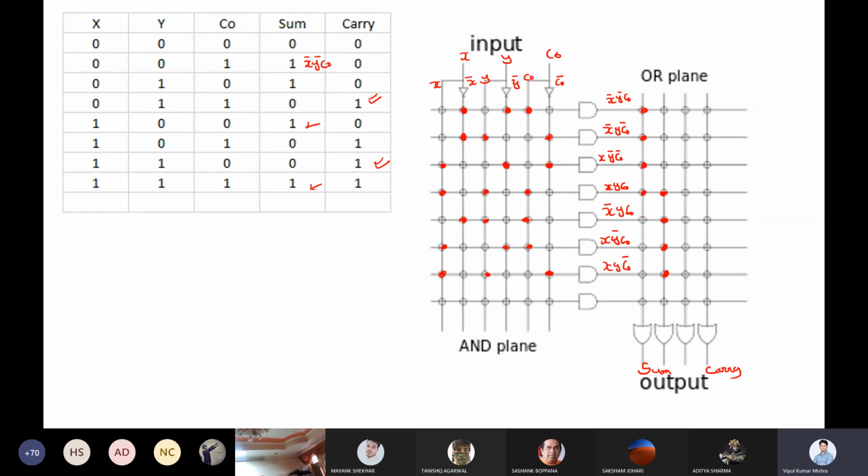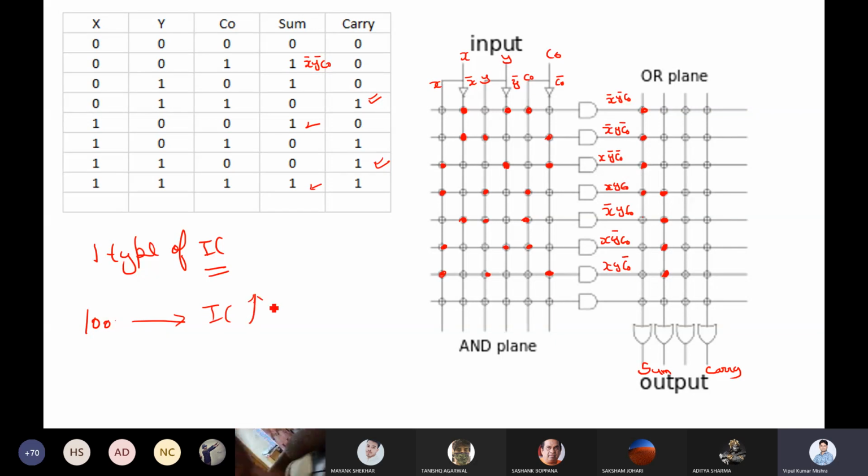So the important question is, if you already have a simple circuit for a full adder, why do we require this kind of complex circuit? The idea is that whenever you produce one type of IC in volume, the cost of the IC is reduced. But if you want to produce 100 different varieties of IC, then the cost of each individual IC is very high.